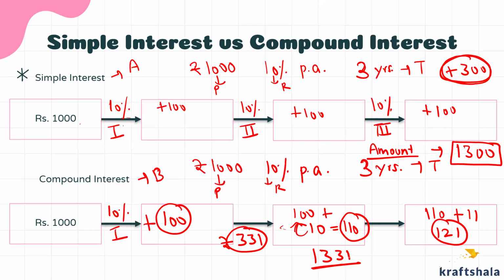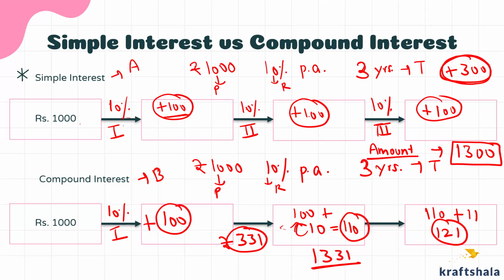Right? So if you go by this example, by this logic, you can see that there is no formula required as such. You just have to remember this thing कि simple interest के case में every year the amount remained the same, 100, 100, 100.